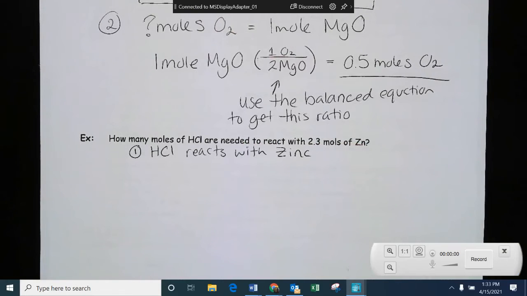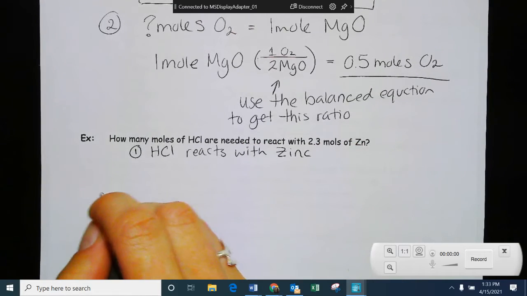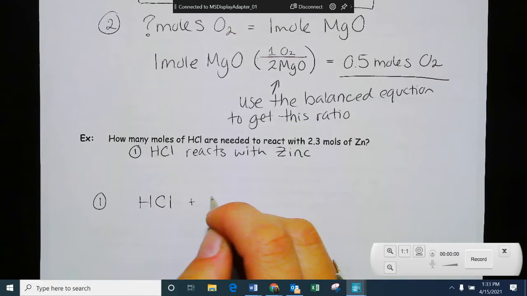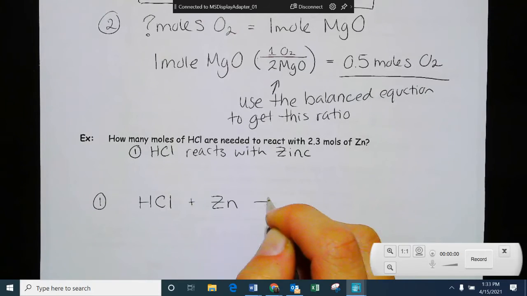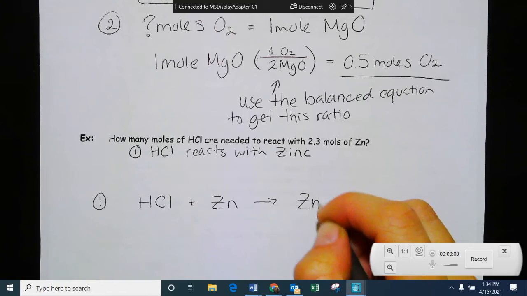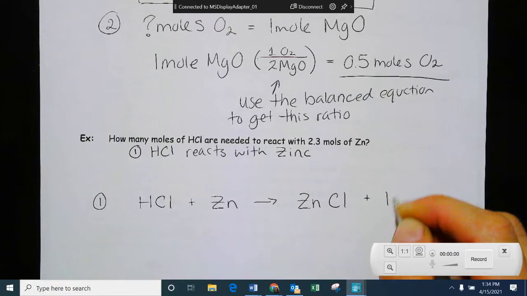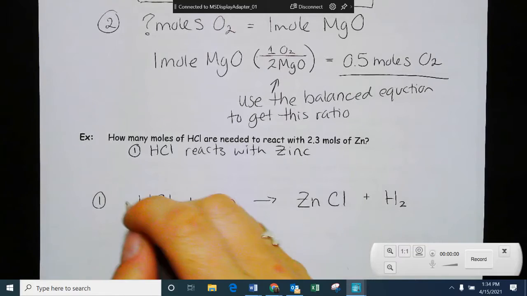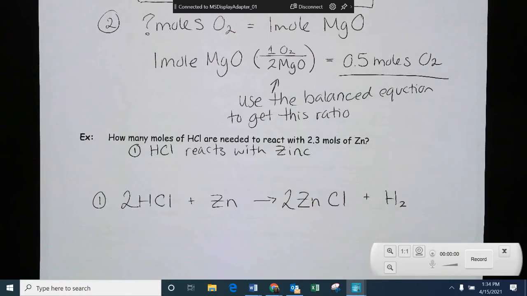So first step is we are going to write out a reaction. HCl plus Zn. What type of reaction is this? Single replacement, yep. And what we're going to see is we get ZnCl plus H2. Balance that out.